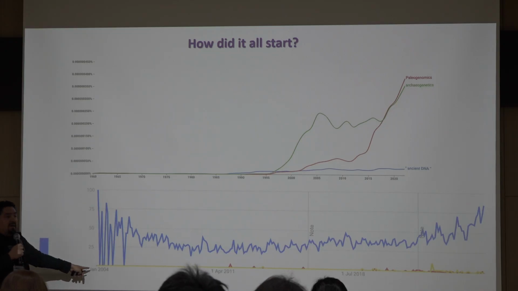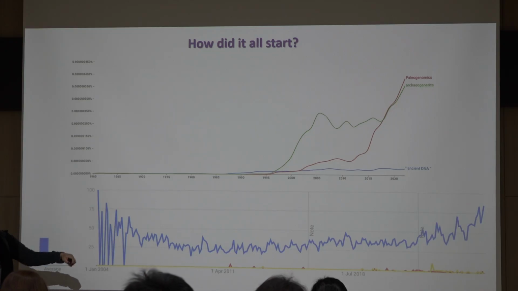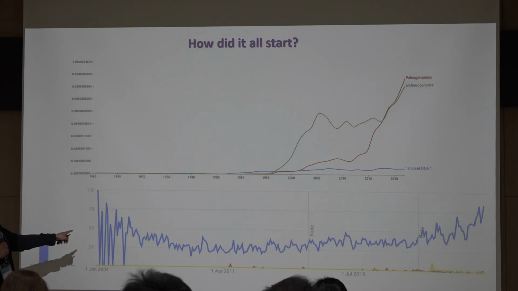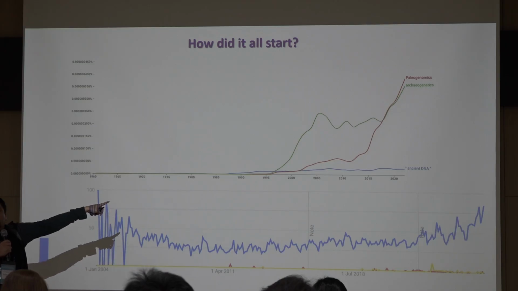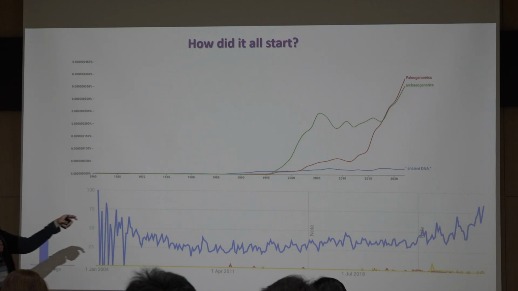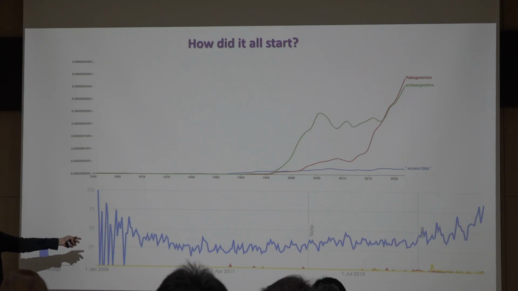So we only have data from 2004 onwards, but we can see that ancient DNA as common knowledge is much more frequent as a term than in the academic fields. So people in academic fields would use archaeogenetics, paleogenomics, not always ancient DNA, but common people would search on the internet for ancient DNA.